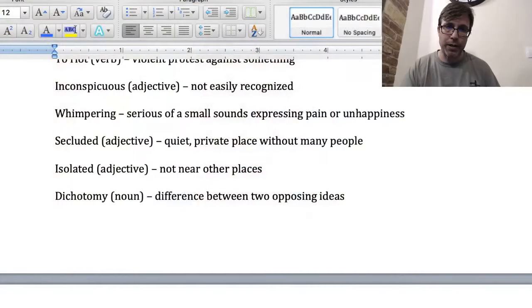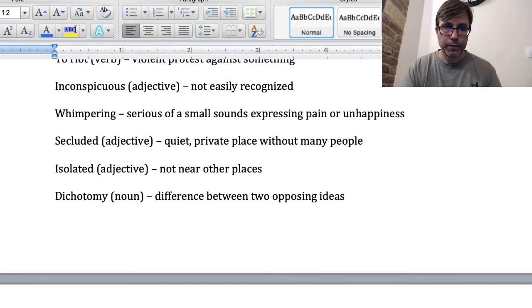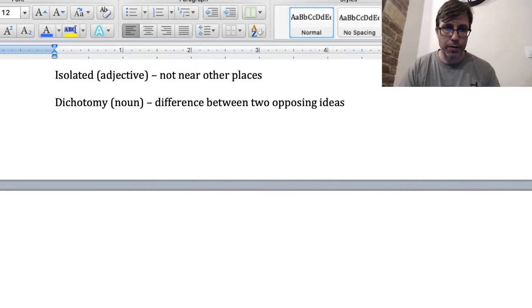I want to add a couple of those words to the vocabulary list because I did spend some time talking about them. So we talked about pursuit. And I think people in pursuit of something would be a common phrase.